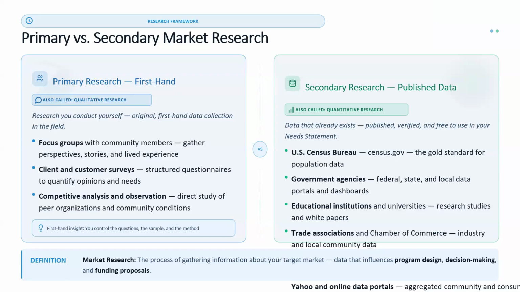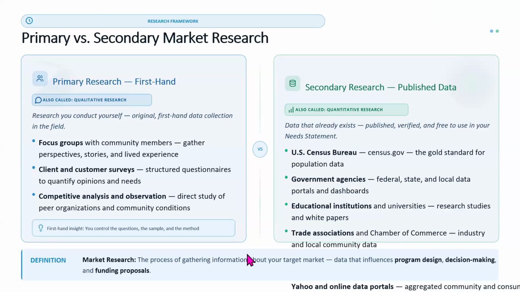We're looking at data that's been collected by looking at large numbers of people and coming away with a particular outcome. Going back down to the definition: market research is the process of gathering information about your target market, data that influences program design, decision making, and funding proposals.